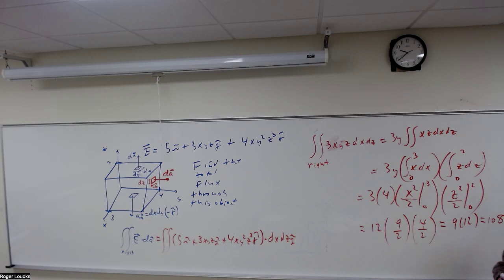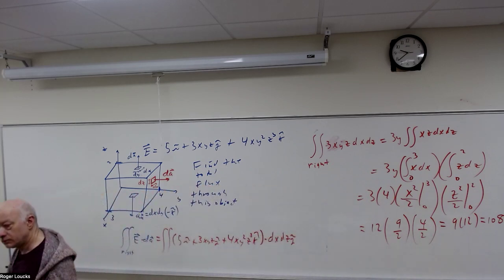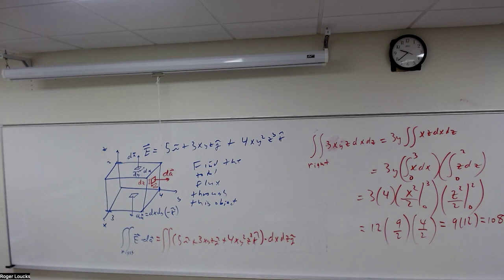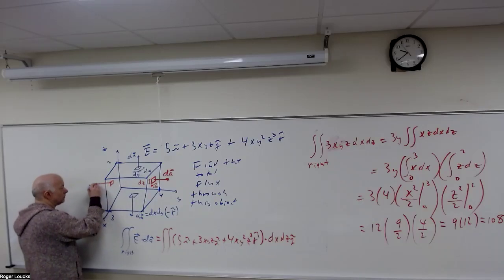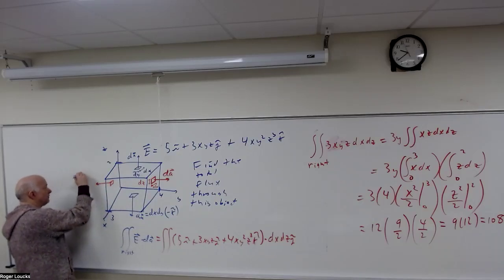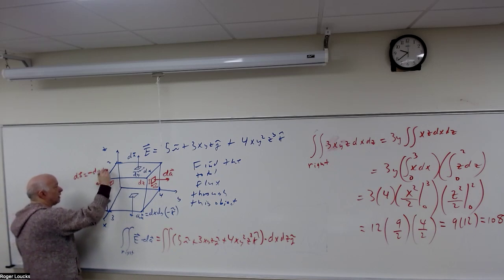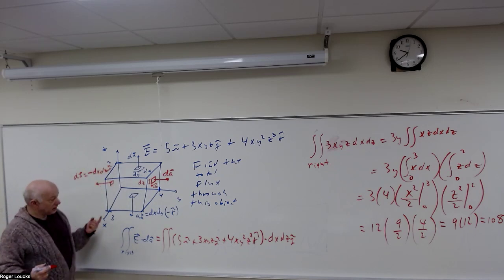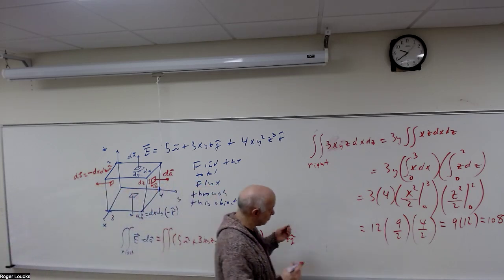What would be the value then on the left side? Yeah, so if I look at my left side, here'd be my dA here. This would be my dA vector. If I wanted to write that dA vector, it would be minus dx dz i hat. But since I'm on this left side here, the y for this is 0. What I can do is just kind of cheat.